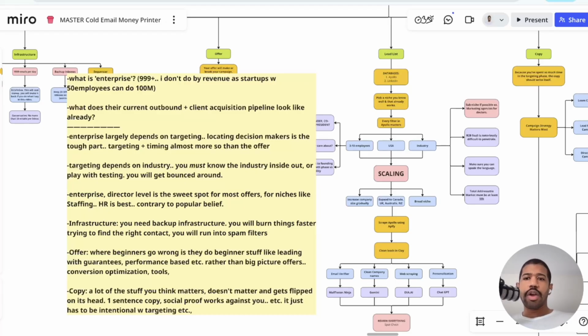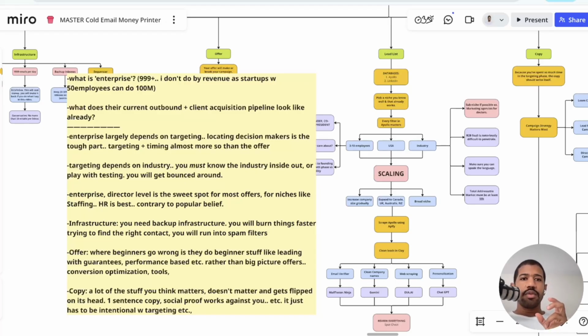To crack and penetrate enterprise companies, it largely depends on targeting, which is why this whole video is on targeting. Locating the actual decision makers in this whole organizational hierarchy tree of people is the hard part.